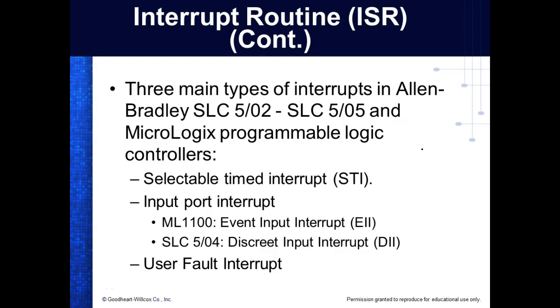You understand? And a user fault interrupt, by the way. What we have the ability to do is set up what we call a user fault interrupt, which means if a fault occurs inside your PLC, instead of freezing up and locking up everything, it automatically jumps into the subroutine, which gives you the ability to maybe get in and clear the fault.